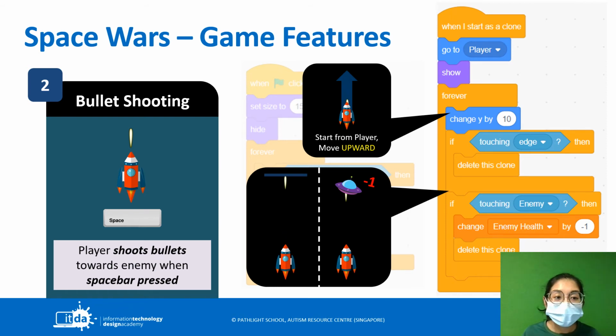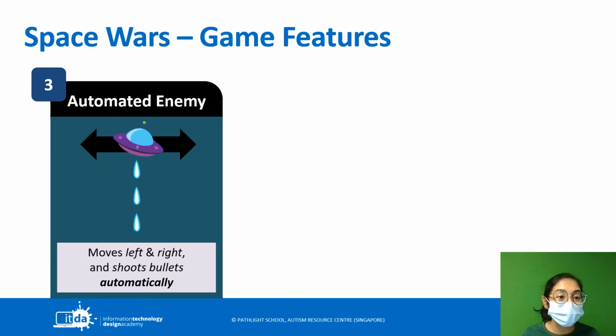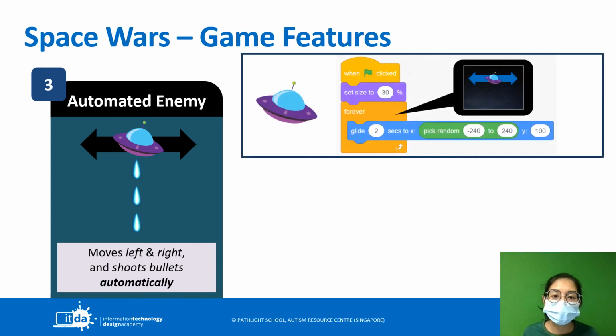Now, moving on from the player and the player bullet, we have the enemy. We're going to make our enemy move automatically today. It's going to move left and right automatically, and it's also going to shoot bullets automatically. So this is the coding that will be involved. For the enemy sprite, when green flag clicked, forever glide to X random, Y a fixed number.